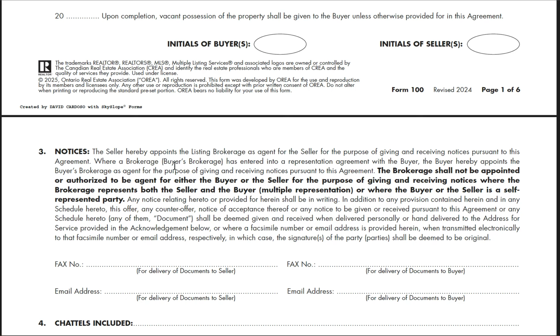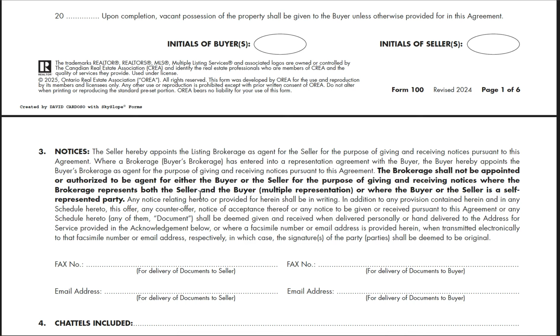The brokerage shall not be appointed or authorized to be agent for either the buyer or the seller for the purpose of giving and receiving notices, where the brokerage represents both the seller and buyer, multiple representation, or where the buyer or seller is self-represented. Any notice relating hereto or provided for herein shall be in writing.